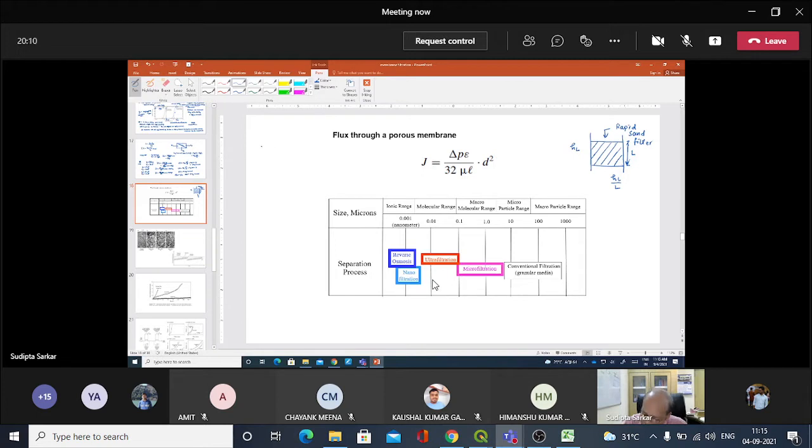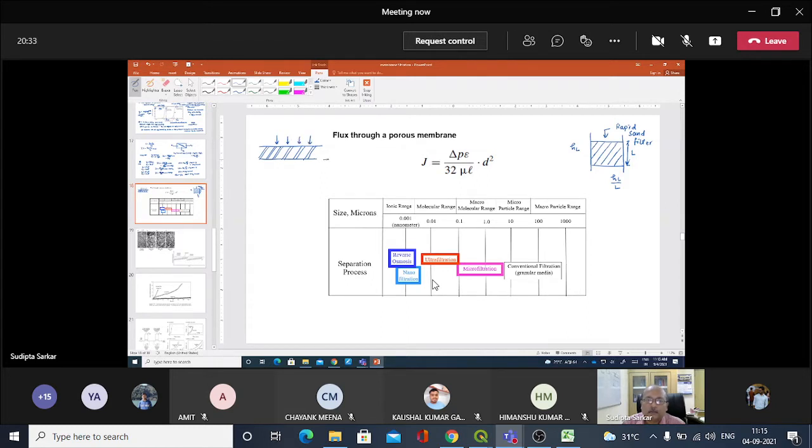So with this we can draw a membrane. Suppose this is your membrane, and definitely the head loss across the membrane should have a length component.